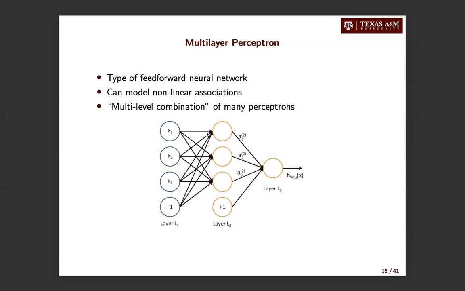If each of these input features was connected with the same weight to each of these hidden nodes, then this would result in exactly the same representation in each of the outputs of each of these hidden nodes. Therefore, this would really defeat the purpose of this multi-level combination. Similarly now, once we have represented each of these hidden nodes, then each of these is being connected with the output with another set of weights.